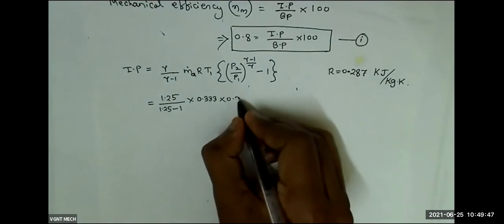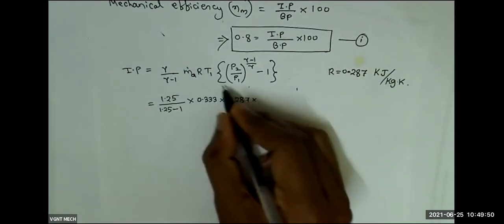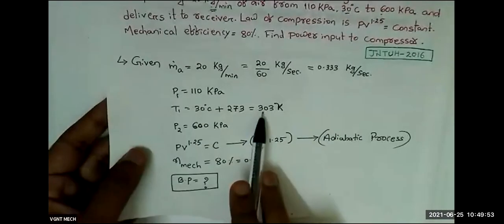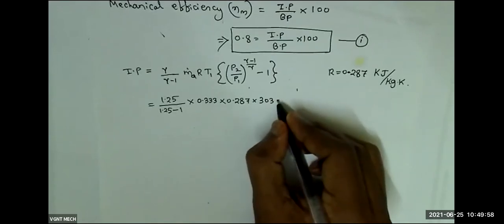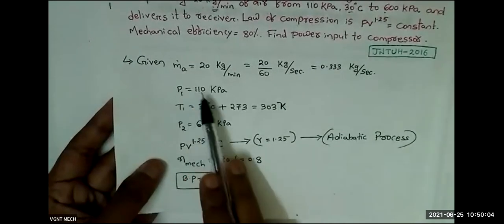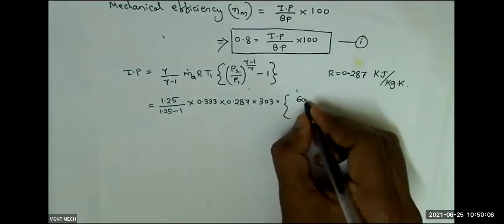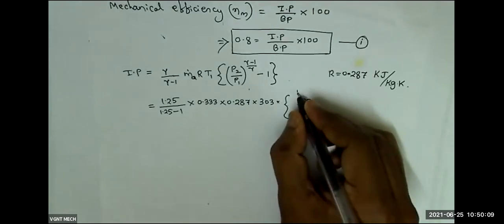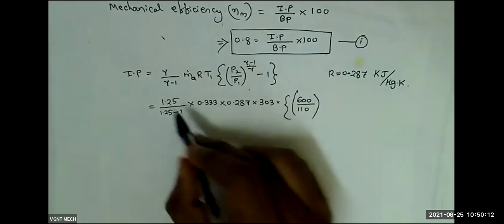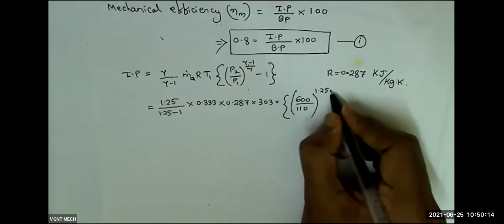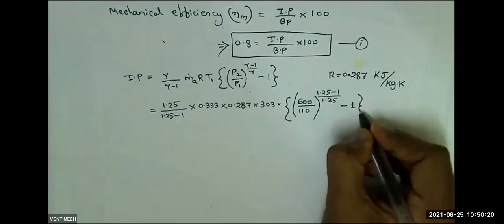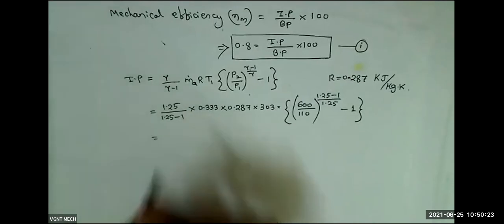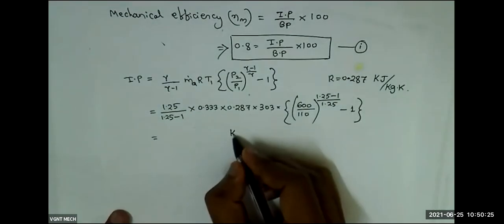0.287 into T1. T1 is 303 Kelvin, into P2 by P1. P2 is 600, P1 is 110. So 600 divided by 110, whole to the power gamma, which is 1.25, minus 1, divided by 1.25, minus 1. Now solve this one and tell me how much indicated power we are getting in kilowatts.